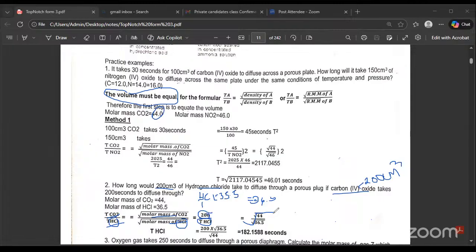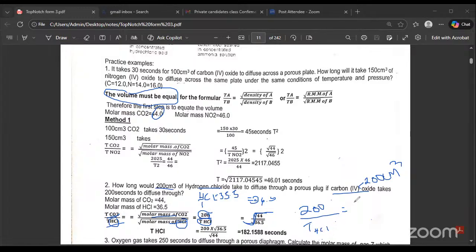all through because it is the square root at the upper part and the square root, it is called the denominator and the numerator, so it is the square root in both of them. So you can put it like this, don't stress putting halves, but if it will confuse your mind, put halves, okay? So you'll have now 200 over the time for HCl, which in our case is B, is equivalent.